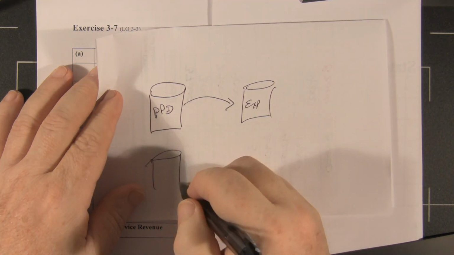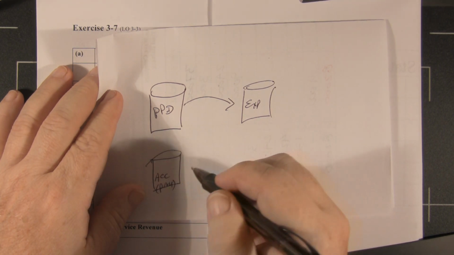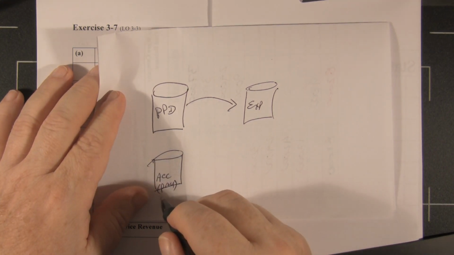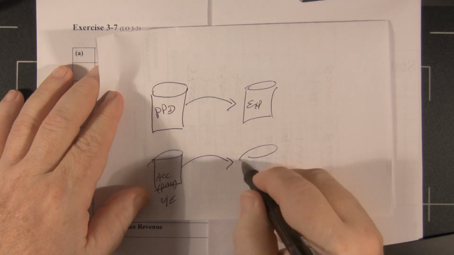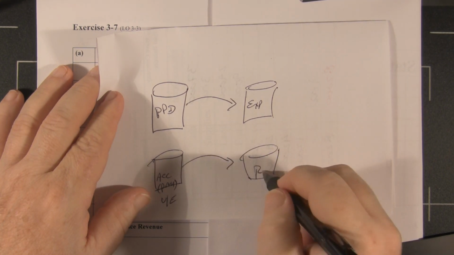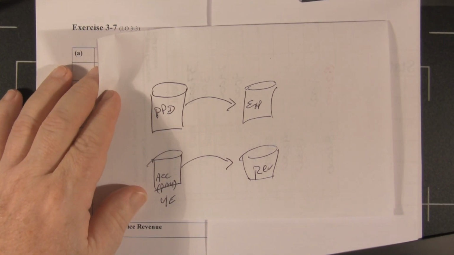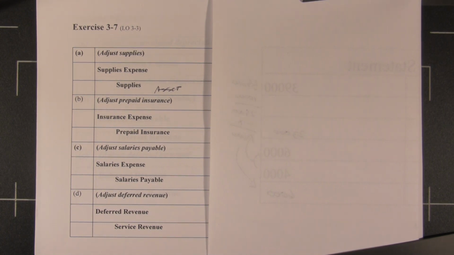We also do the same thing with accruals, which we call payables. We also call them liabilities, and the most common one that you'll do with that is unearned revenue, and that comes over here into another bucket called revenue. So that's what we're doing, taking it from one bucket to another. The trick is to figure out how much.